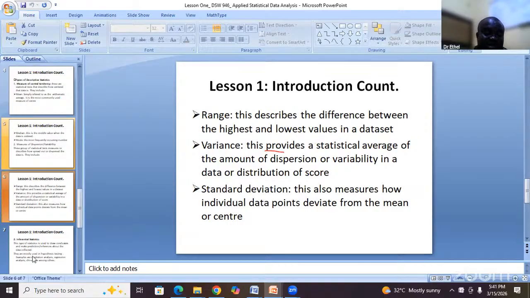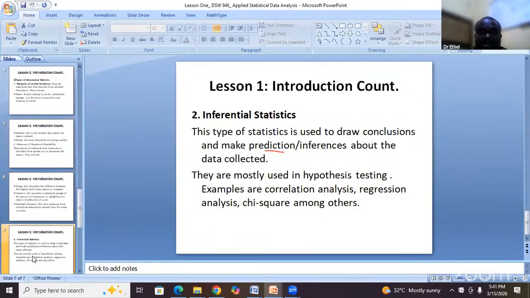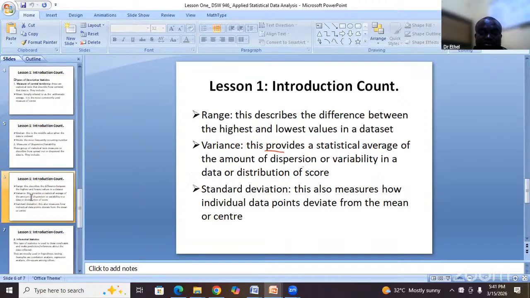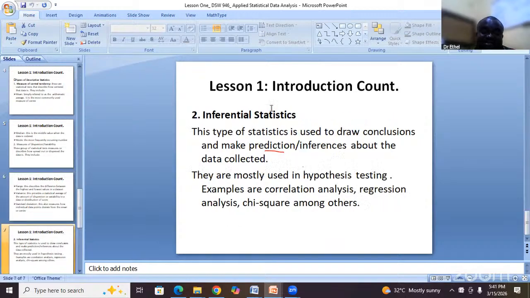So we've discussed the range, the variance, and standard deviation as measures of dispersion or variability. The next type of statistics is inferential statistics.